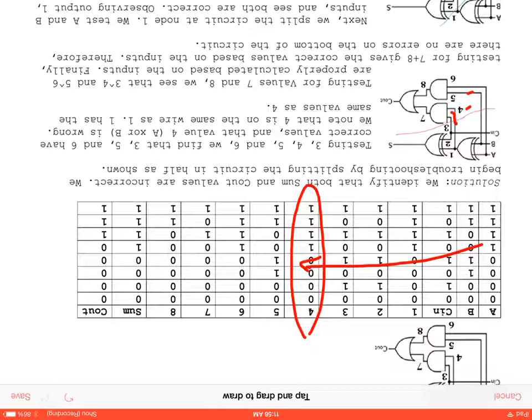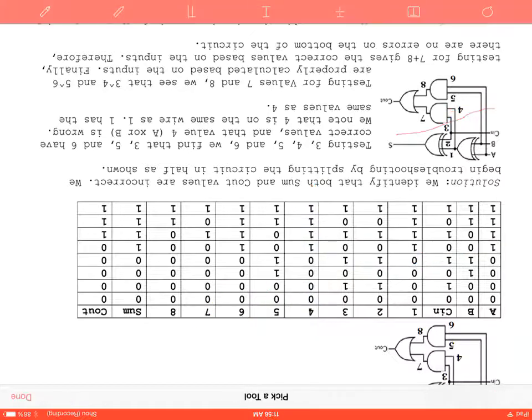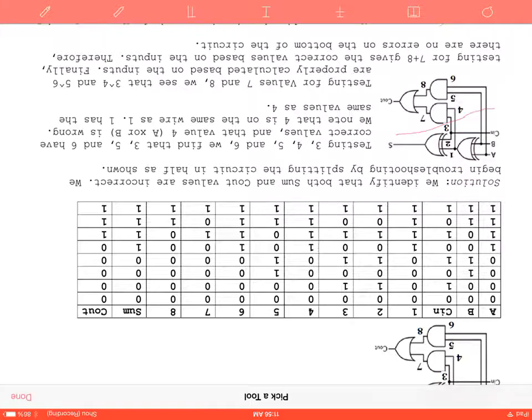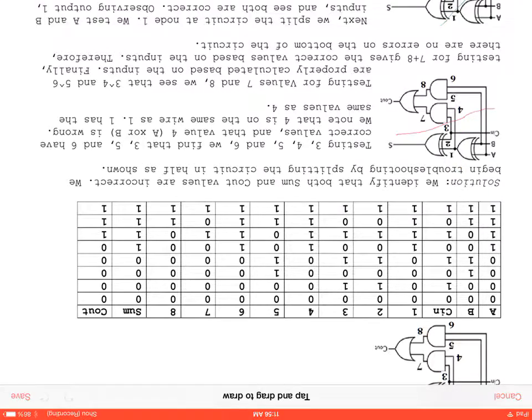We see that 5 and 6 are A and B, and they are correct. So our A input is not the error. Our B input is not the error. Our C input is not the error. But we do know that the output of that XOR gate is an error. So we do know that we have some sort of fault here. But if this input is wrong, and we have these other inputs correct, we can rule this out for the time being, and then see how the error propagates later.